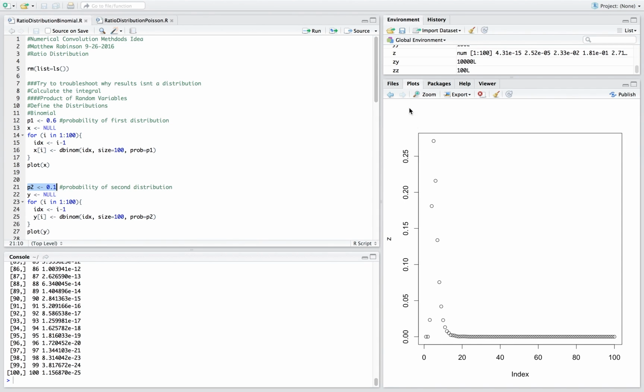Then going back to the z, the distribution for x divided by y, that should peak. It's reasonable to assume that it should have a central tendency of somewhere around 6, because you have a distribution centered at 60 divided by one with a mean of about 10. So 60 divided by 10 is about 6. So it looks like it does. Let's zoom in for a closer view.